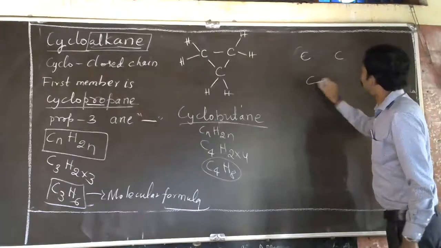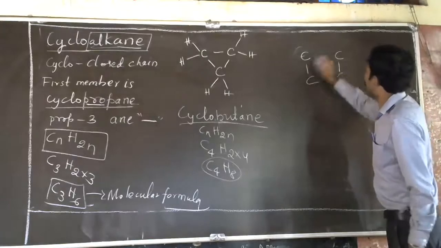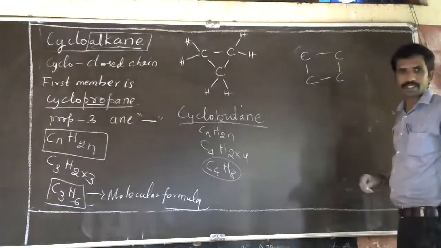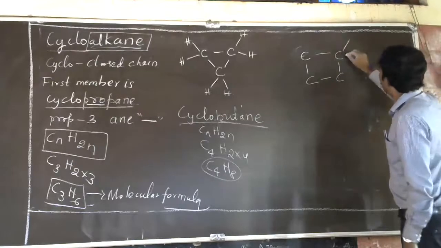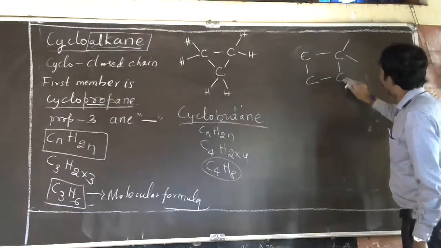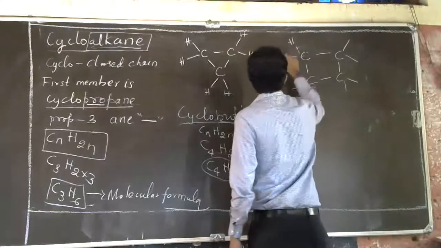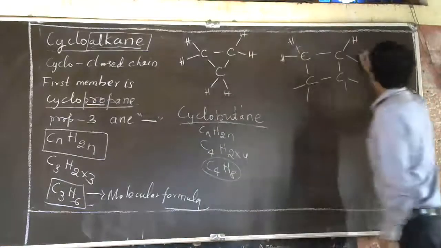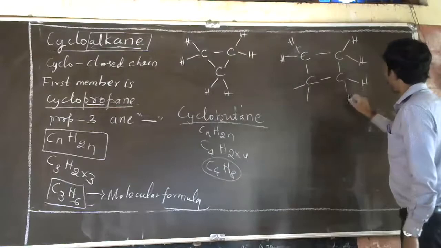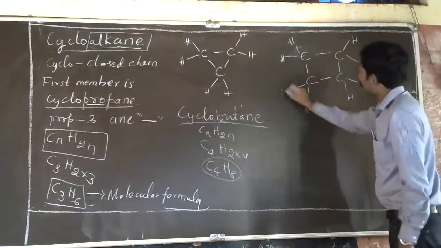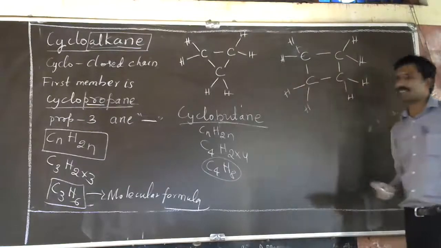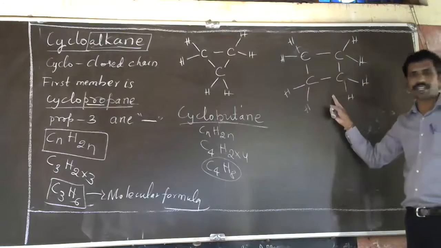The arrangement will be like this. How many hydrogens? 8 hydrogens are there. This is the structural formula for cyclobutane.